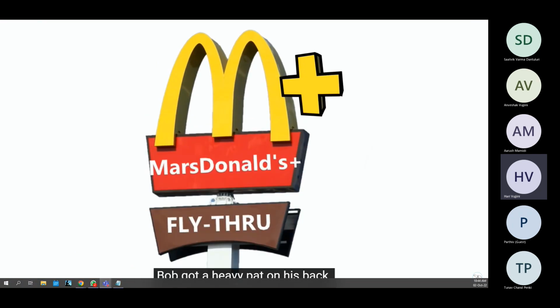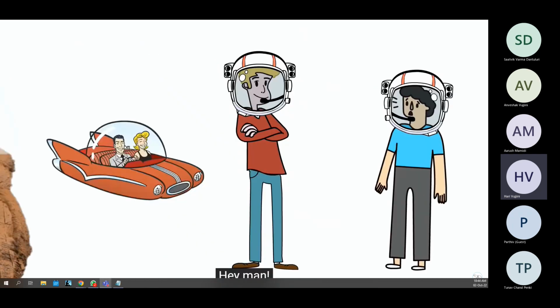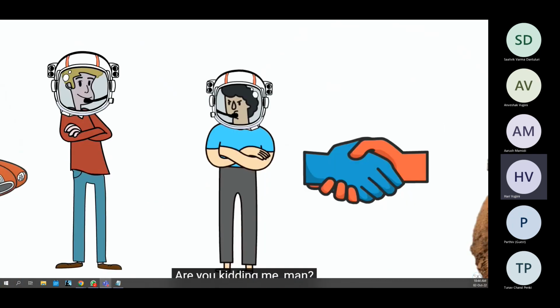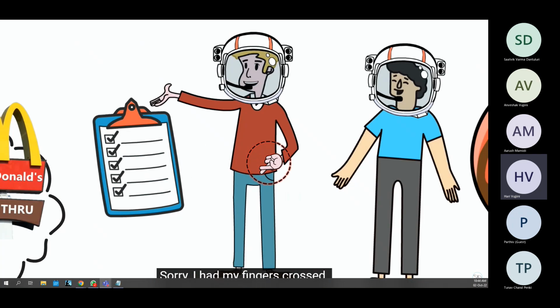Bob got a heavy pat on his back. "Hey, man, what do you think? The cliff makes the fly-through really easily accessible, right?" It was Stefan. "Are you kidding me, man? You promised not to open here." "Sorry, I had my fingers crossed."